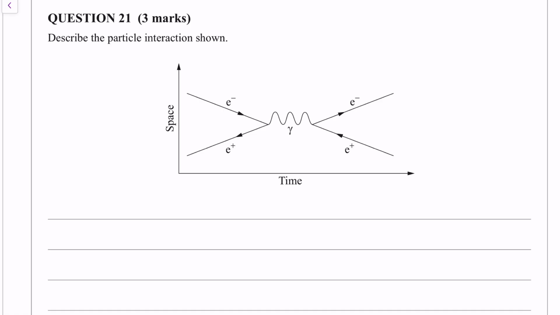So the first mark is by identifying that there's an interaction between, or that involves, an electron and positron. How do I know that? Because an electron is a symbol E negative, and then the positive version of that is a positron, the E positive.